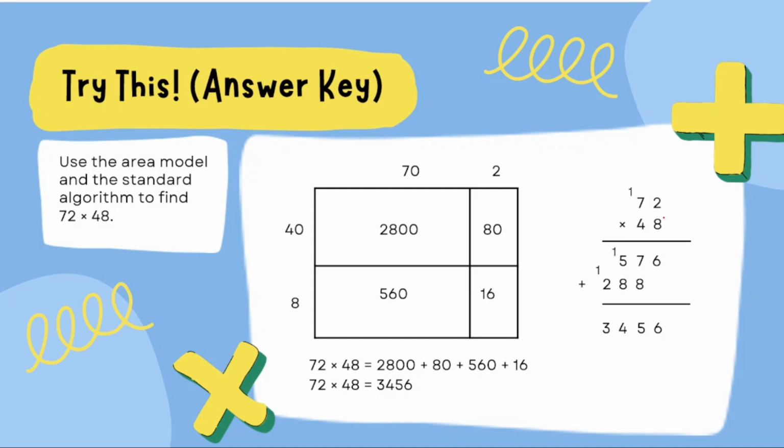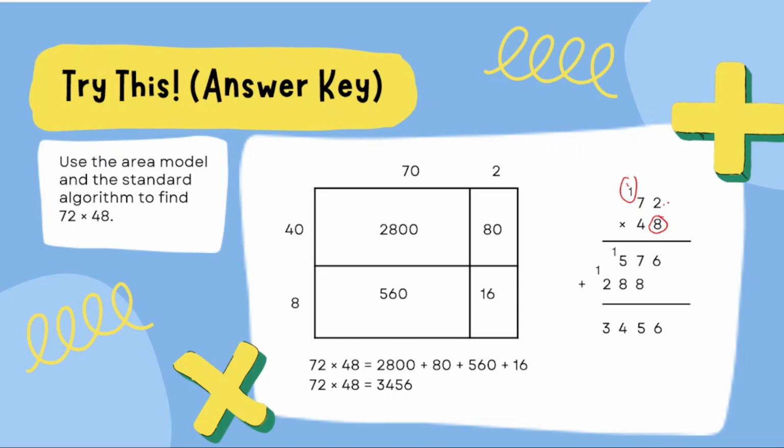So we first of all use 8 to multiply 2. That gives us 16. We write 6 and carry 1 to the next stage. That's the 1 there. Then 8 times 7 is 56 plus 1, we have 57.